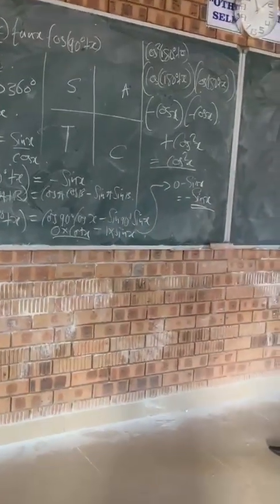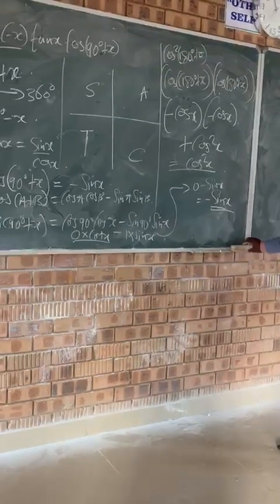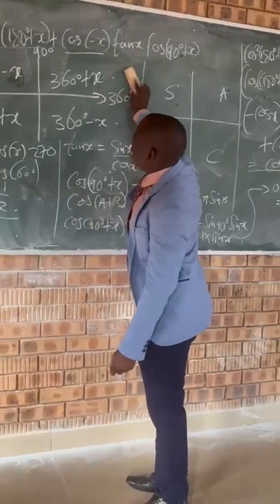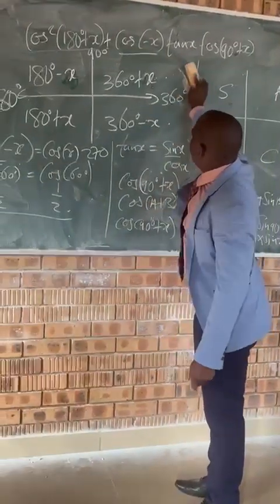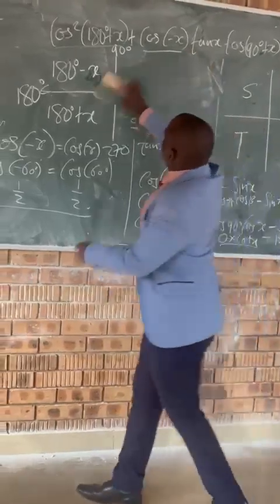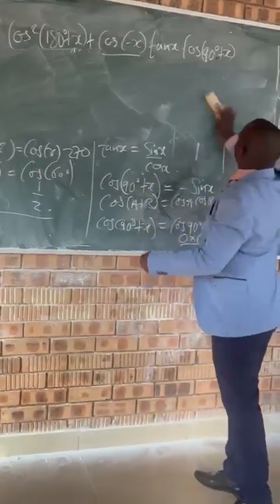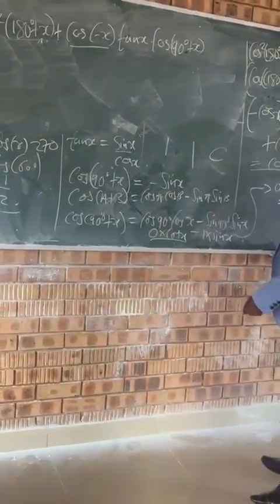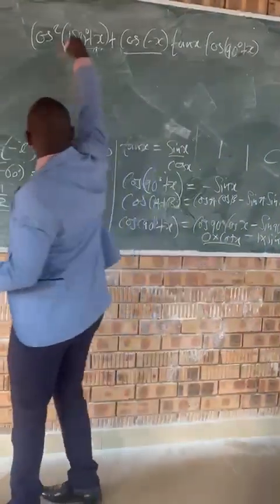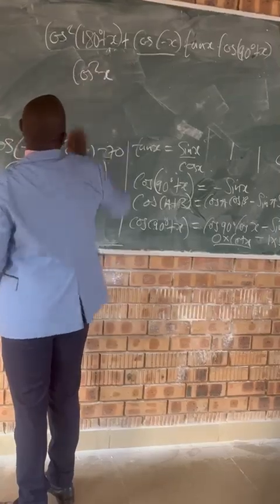Now we have simplified it in parts, and we can combine our answers to find the final solution. Under cos squared(180 plus x), we reduced this to cos squared x.